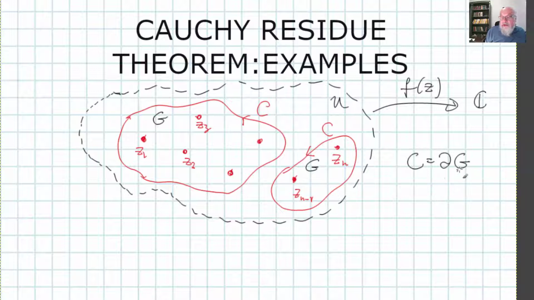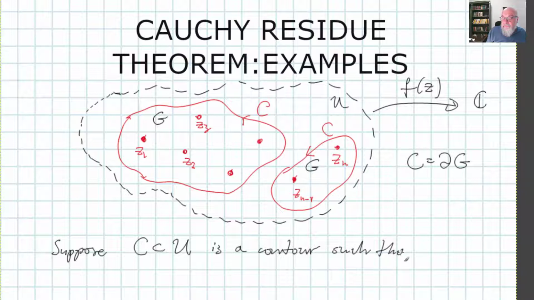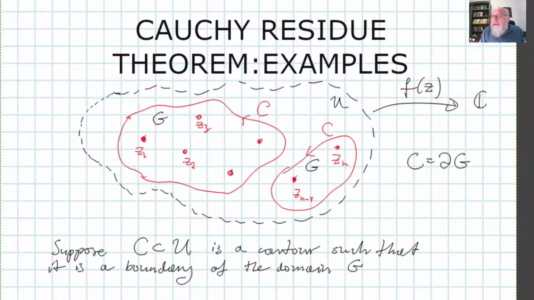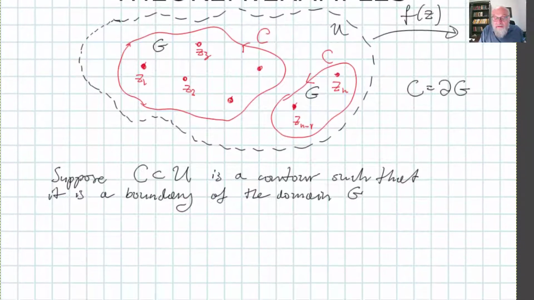So suppose C, contained in U, the domain of the function, is a contour such that it is the boundary of the region, the domain G. G is not necessarily contained in this domain.